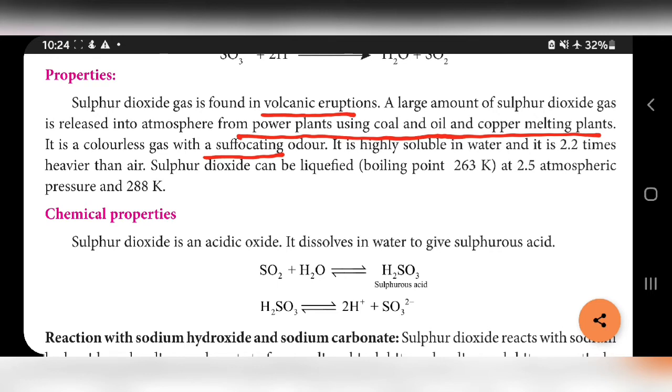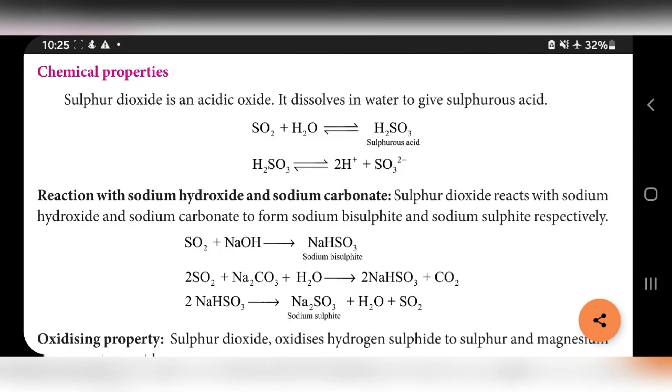Next one, chemical properties. Sulfur dioxide is an acidic oxide because it dissolves in water to give acid. Why is it called an acidic oxide? Because with water it can produce acid.